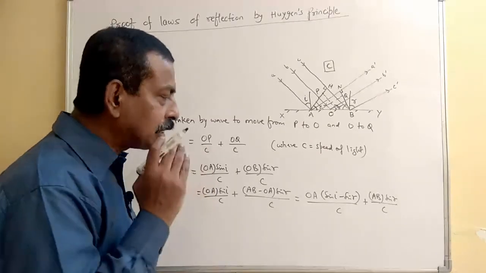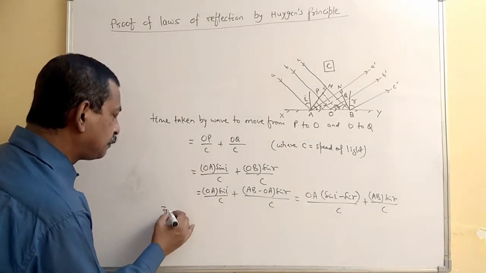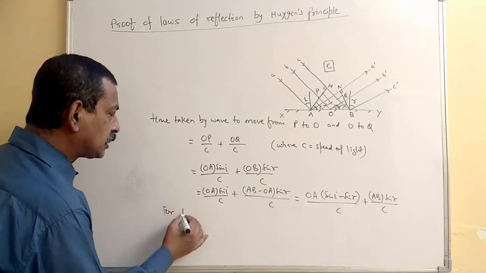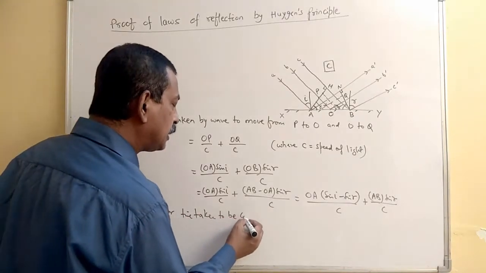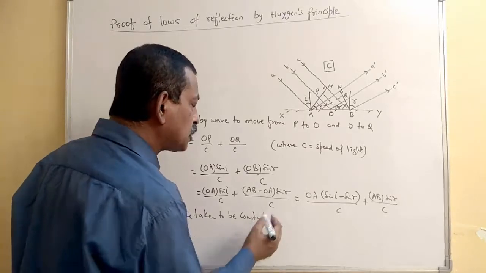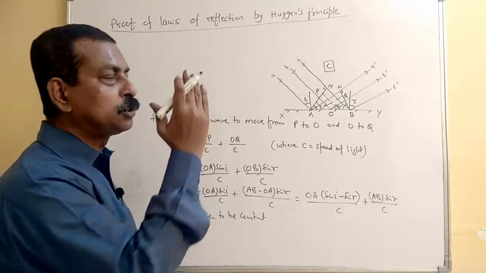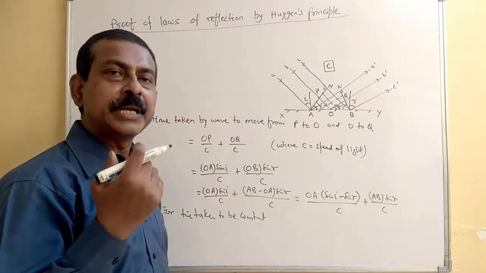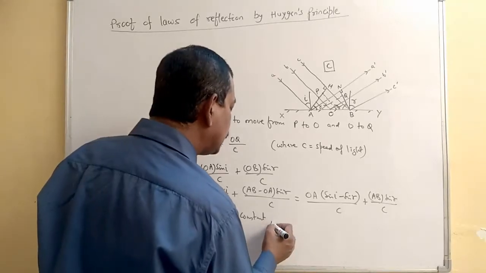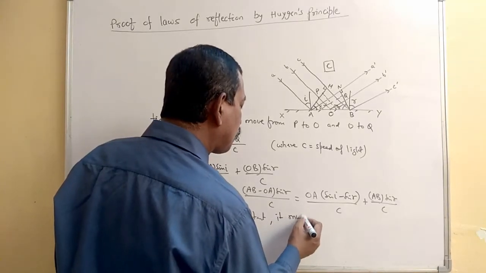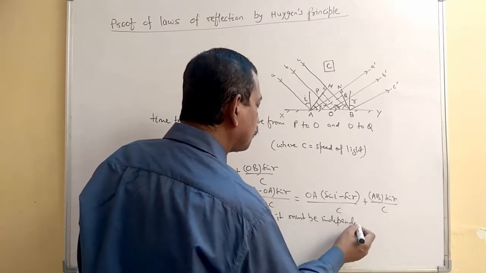And for that particular time taken to be constant, why it is to be constant? Because for all waves which are moving from incident wavefront to reflected wavefront, time taken is same. So for this time to be constant, it must be independent of OA.